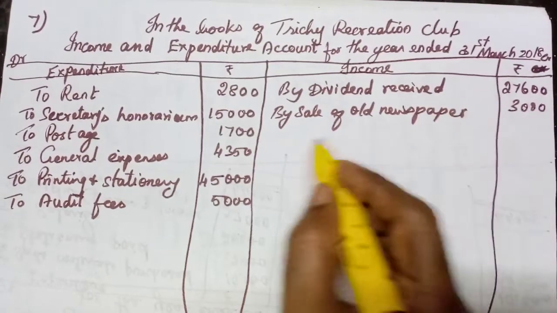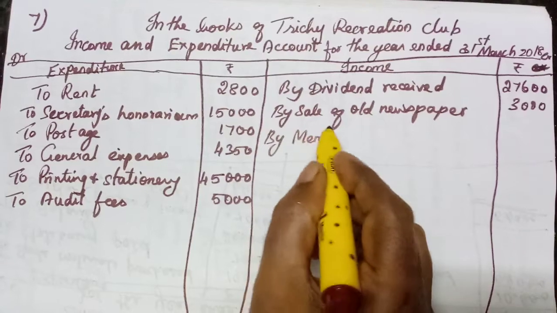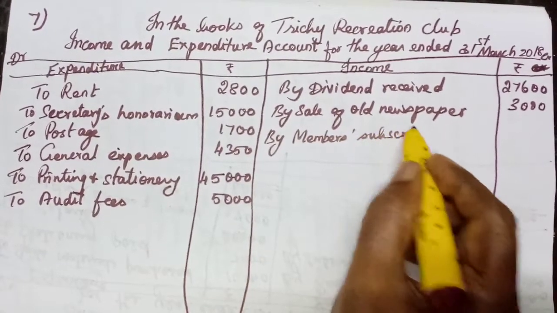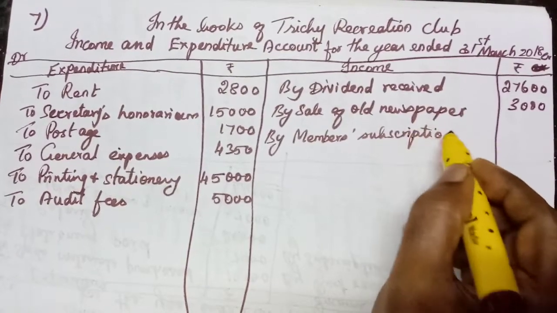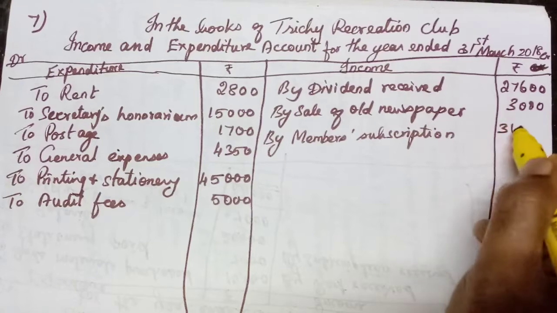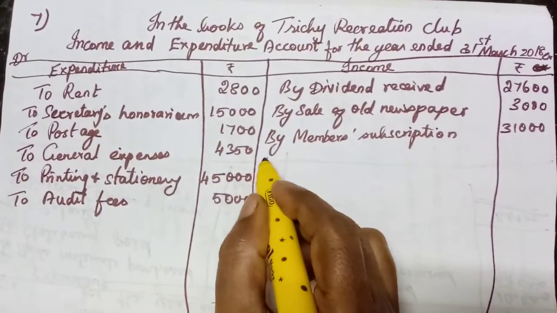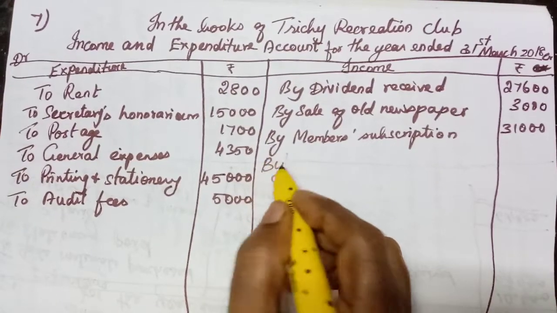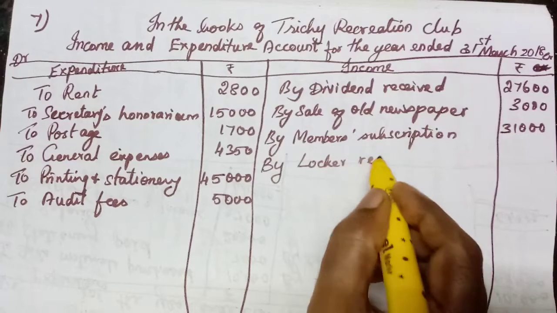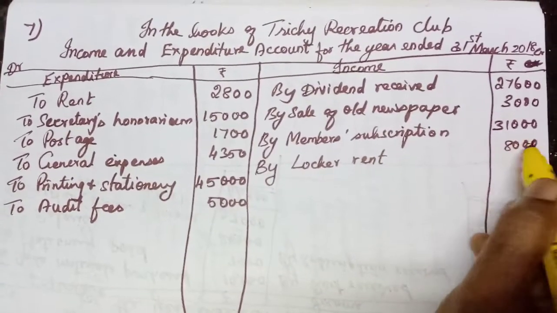Then members' subscription, it is also revenue: 31,000. Then locker rent: 8,000.